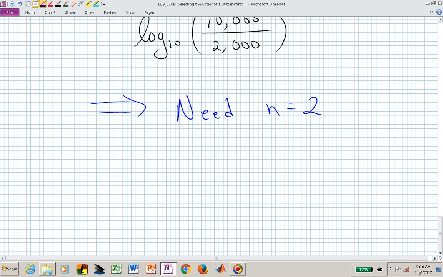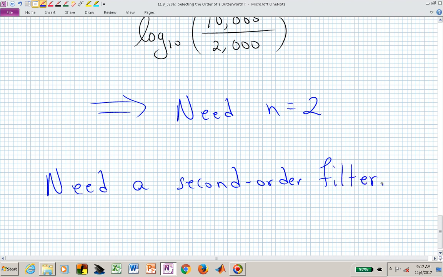And we'll exceed those design specifications, but we want to exceed those rather than not meet those. This example then says that we need a second order filter in order to achieve that design specification.